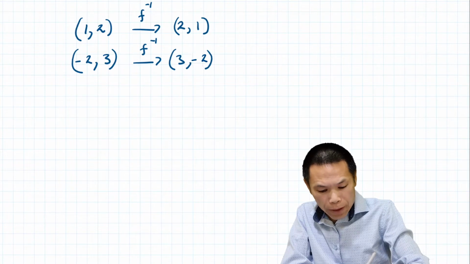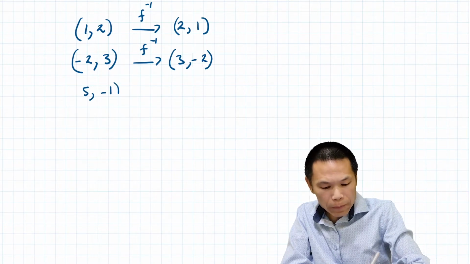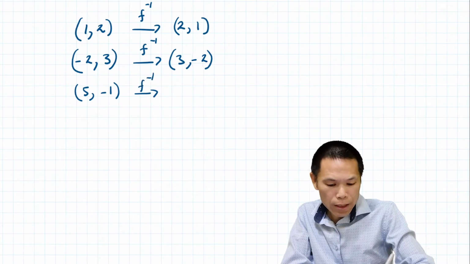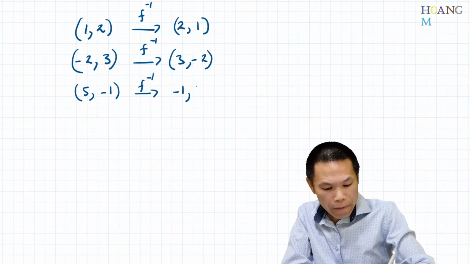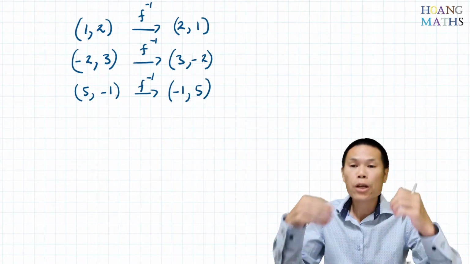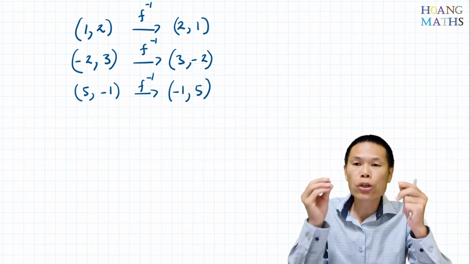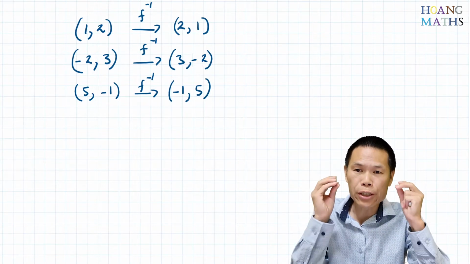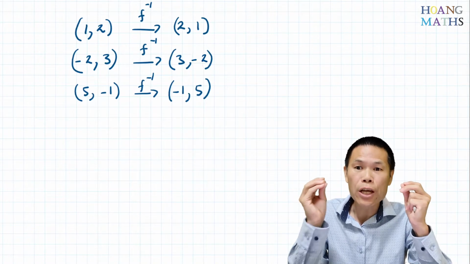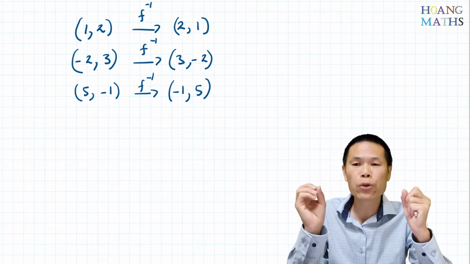Let's say we have (5, -1). The inverse of this will give me (-1, 5). So you can see a pattern here. The inverse function is the reflection of the function about the line y equals x.